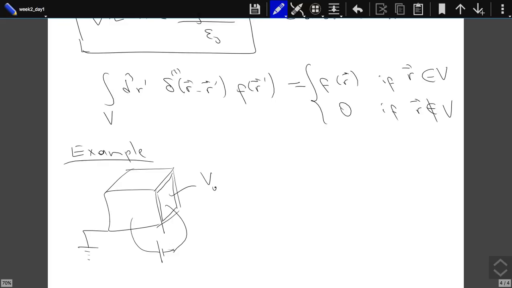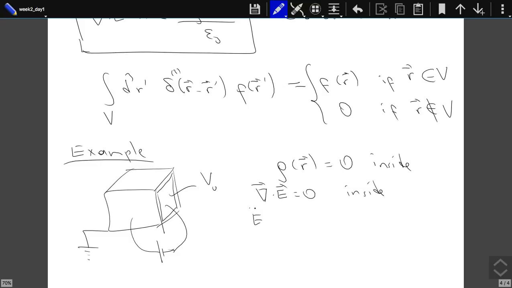Well, I don't know the charge distribution. We don't know the charge distribution. What is the charge inside this conducting cube? It's empty. Zero. And hence, the divergence of the electric field is 0 inside. Furthermore, we know the boundaries.